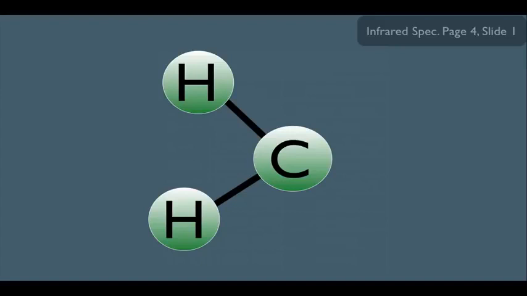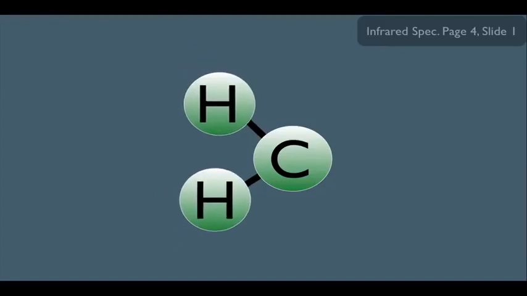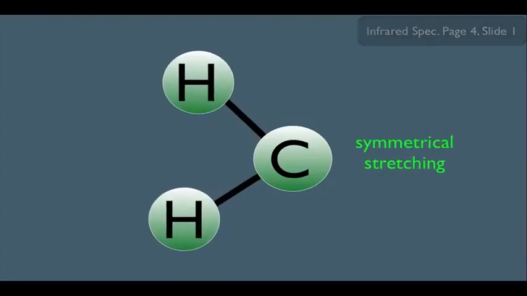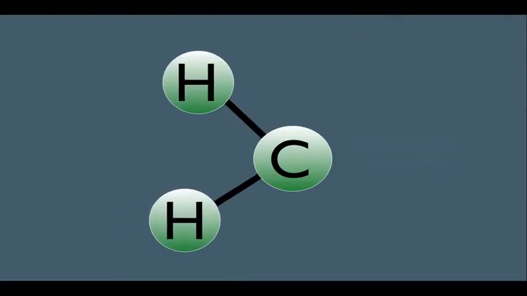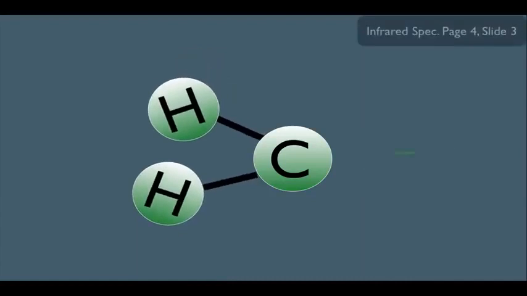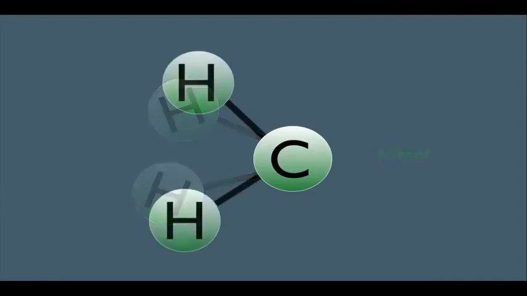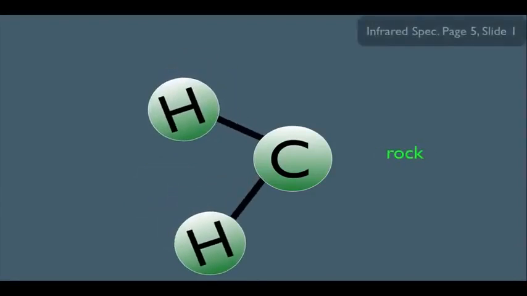For this particular case, one option is you can have something called symmetrical stretching. Another type of vibration here, you could also have something called asymmetrical stretching. Sometimes the bonds can even do this, something called scissoring. And the bonds can also do this, which they call rocking.